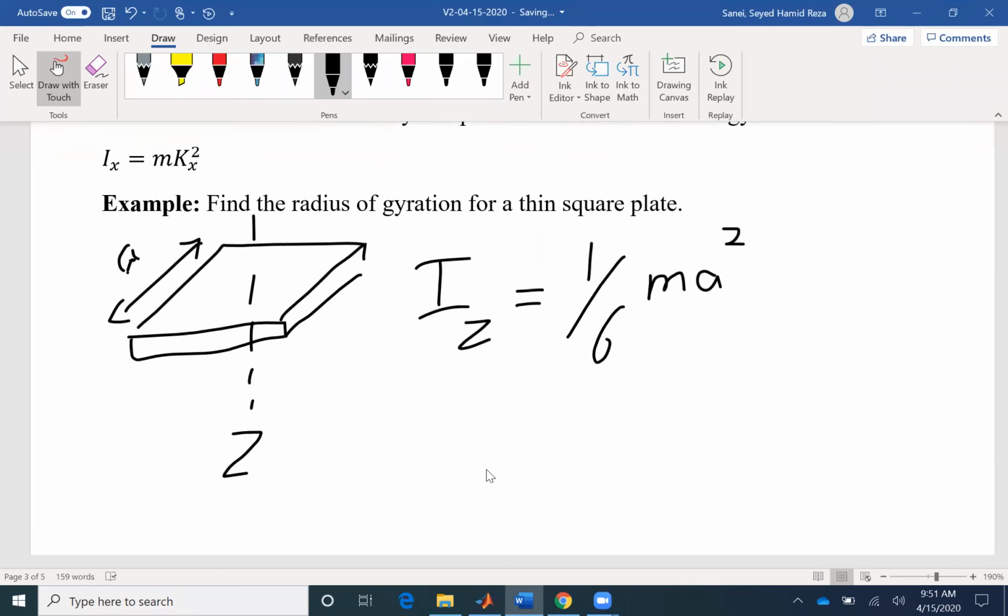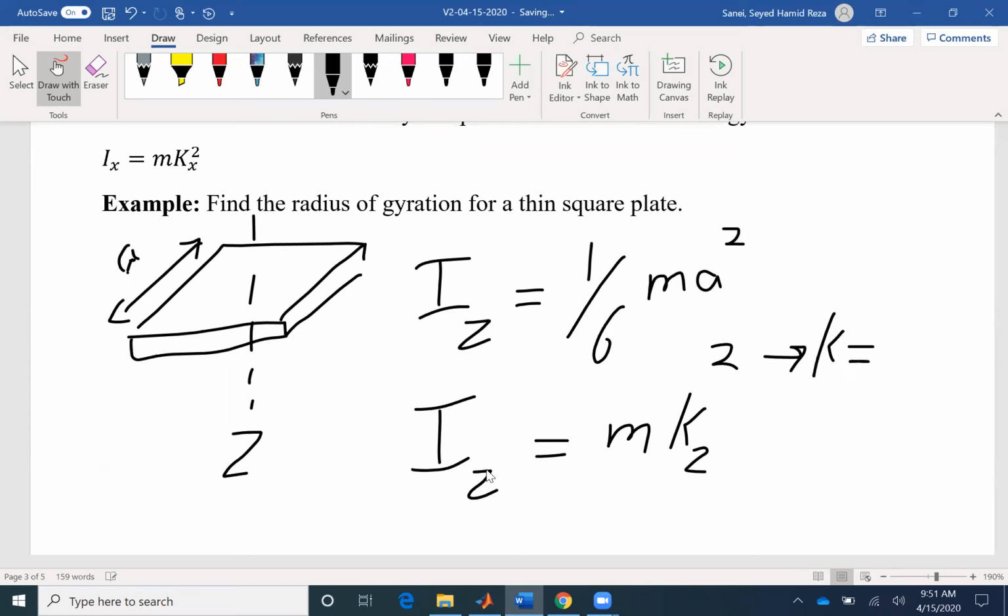Instead of reporting it that way, I can report it using the radius of gyration. So I can write Iz is m kz squared, and if I compare the two, I find that k is a over the square root of 6.